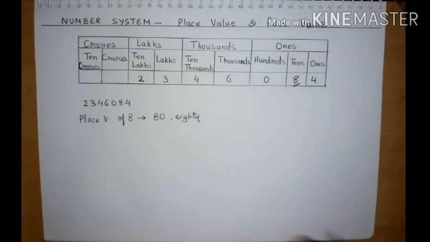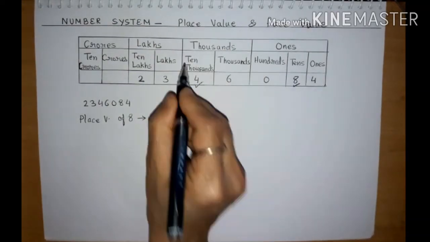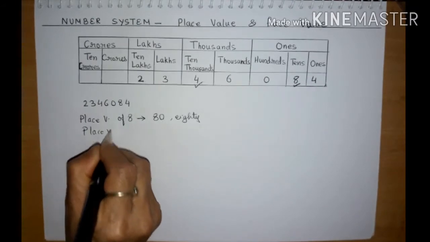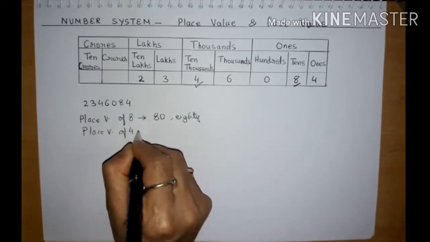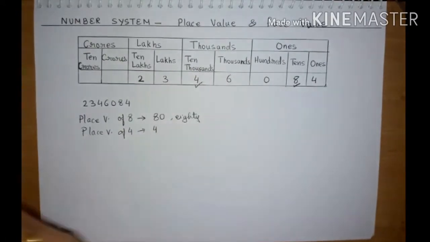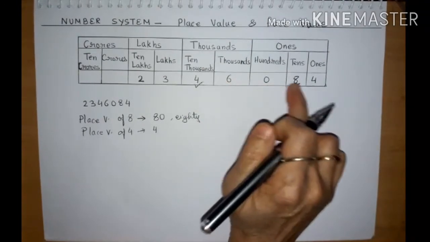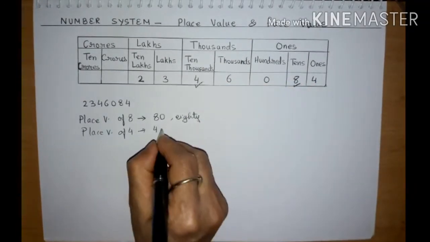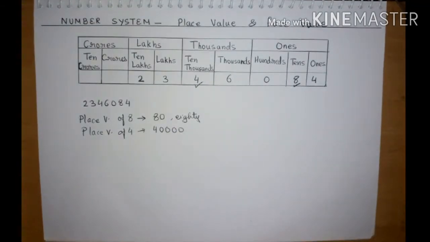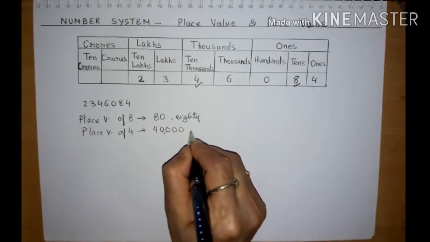Similarly, if we have to decide for this 4 here, it is lying in the place of 10,000. So we simply write this 4, and how many digits are on its right? 1, 2, 3, 4. So we simply write 4 zeros. So its place value becomes 40,000.